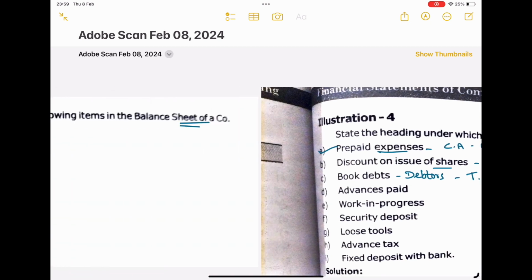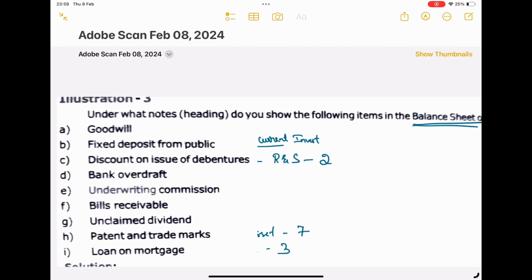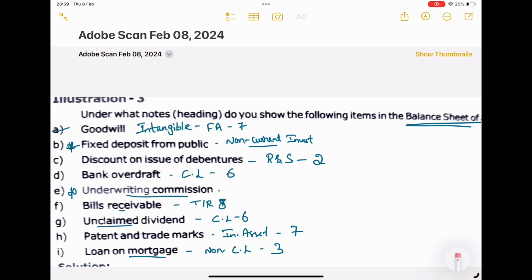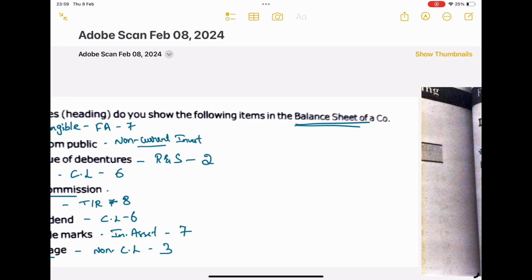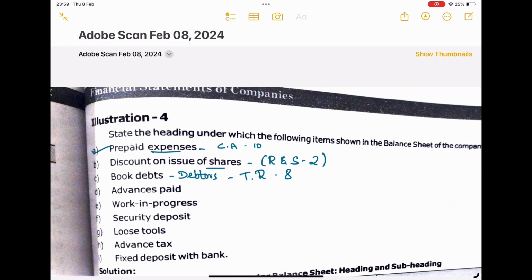So debtors, trade receivables, under note 8. Here, bills receivable also in note 8, and book debts also in note 8. Debtors or trade receivables, any words they can give, but the thing is note 8 trade receivables we have to write and show the value.